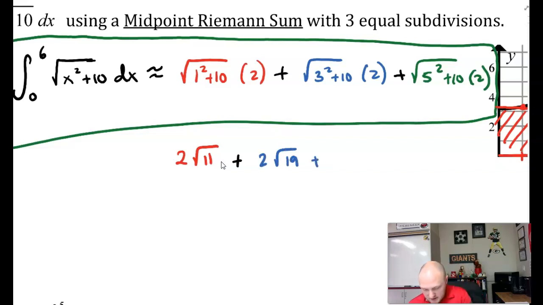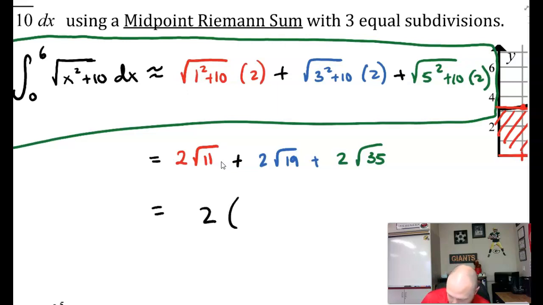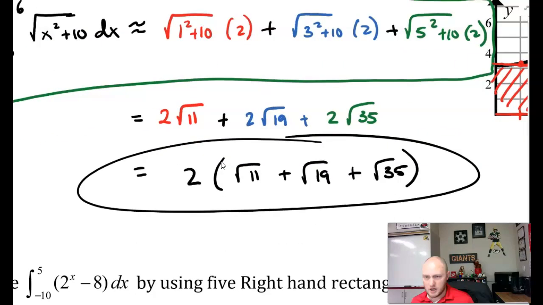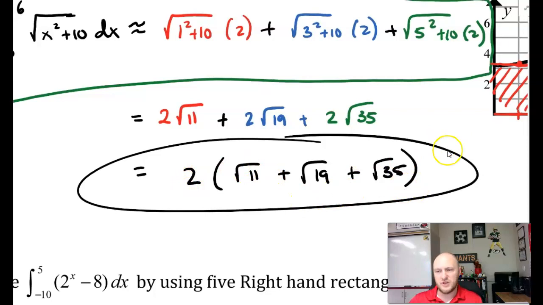Plus, it looks like 2 times the square root of 35. And you might further see that reduced if they factored out a 2. So root 11 plus root 19 plus root 35. And I can't combine any of those square roots. So there you go. That would be an exact value. And without a calculator, you couldn't take that any further.